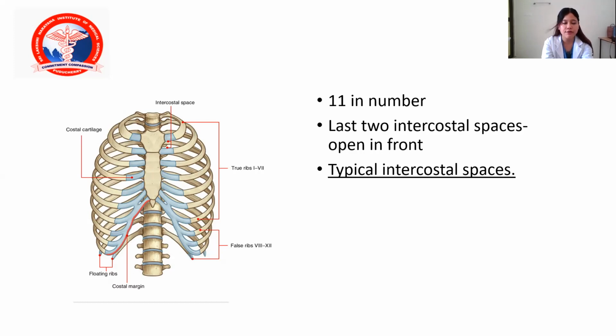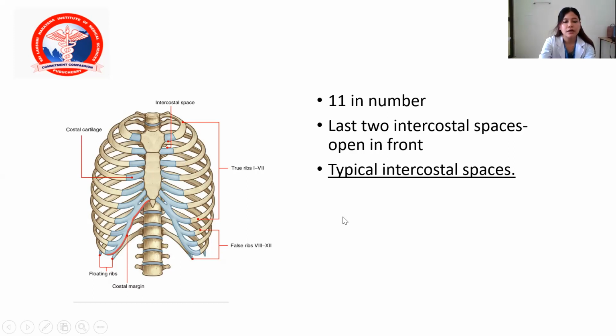As these are floating ribs, definitely the spaces are incomplete. So the last two spaces, that is the 11th and 12th ribs, form these incomplete intercostal spaces, whereas the other intercostal spaces are complete.